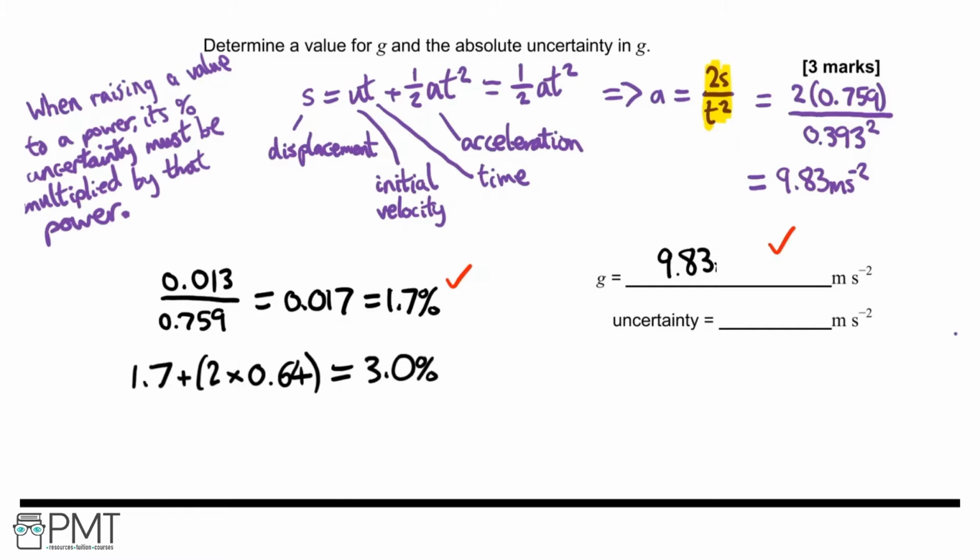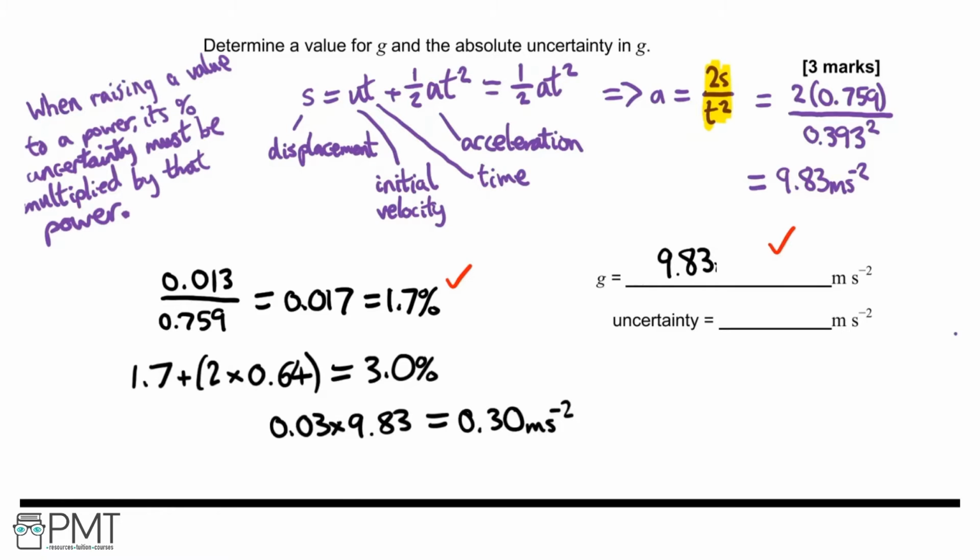So to find the absolute uncertainty in that value, what we need to do is multiply that percentage uncertainty by the value itself. So we need to do 3% of 9.83 meters per second squared. And that gives us a value of 0.3 meters per second squared.